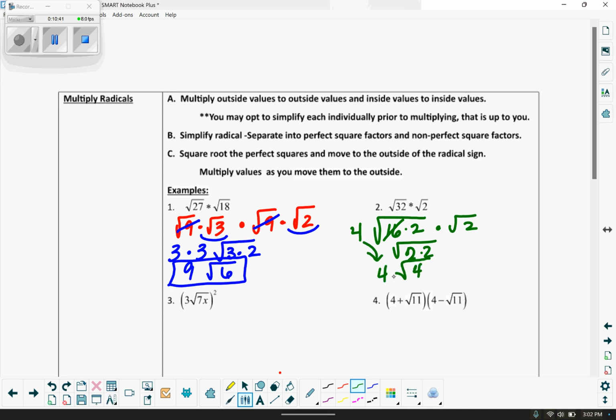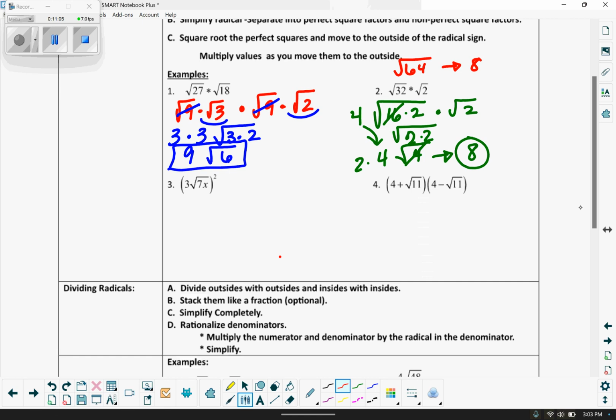The square root of 4 is 2. So now I'm going to have 8 as my answer. The other way I could have done this one: when I take 32 times 2, I get 64, and the square root of 64 is, in fact, 8. So there are a couple different ways you could have done that one.